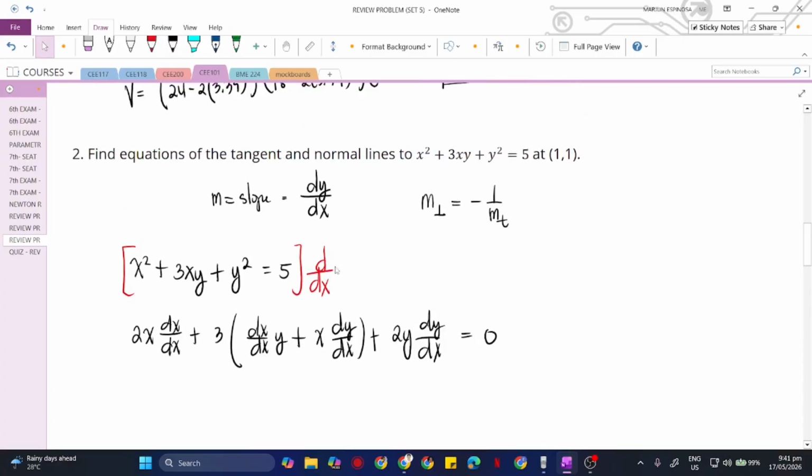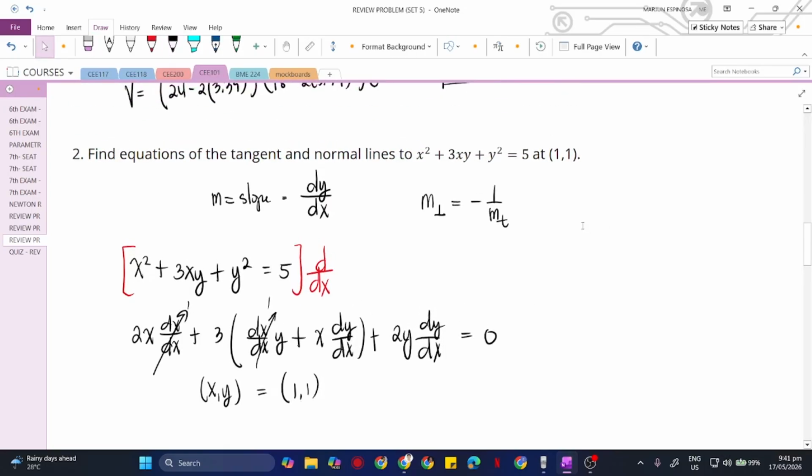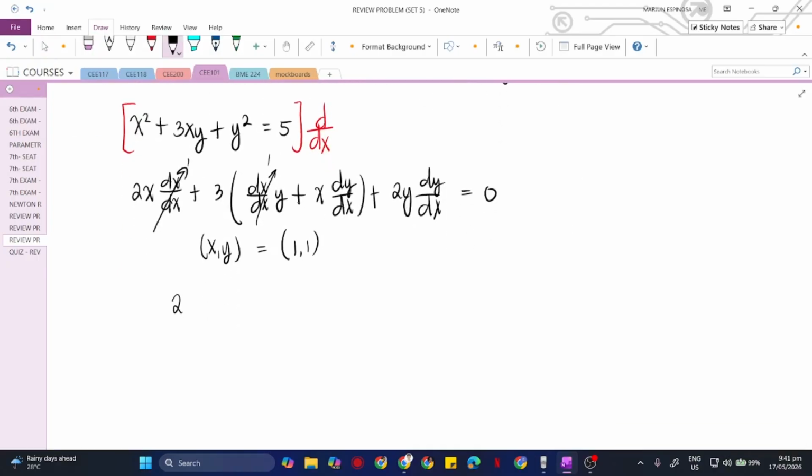Now we will just be plugging in the values, but this dx over dx will be equal to 1. So plugging in values for x and y, that is (1, 1), the point that we are trying to evaluate. So this is 2 times 1 plus 3 times 1 plus 1 times m, where dy over dx is the slope, plus 2 times 1 times m, equals 0.